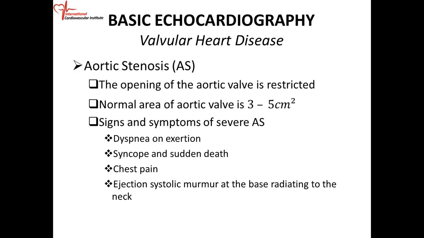And when you look at your echo, especially the first view, you should get the parasternal long axis view, you'll see that the valve is probably thickened and it's not opening properly. That's going to tip you off that this patient has aortic stenosis. And then there are certain things you need to measure in the parasternal long axis view. You want to measure the diameter. Okay, we're going to go over all of that.